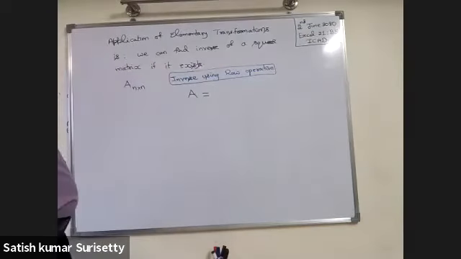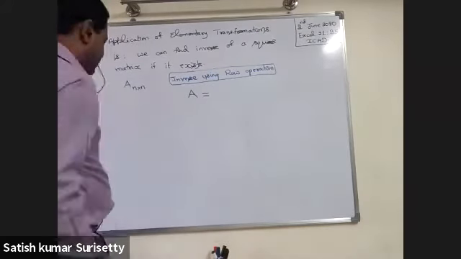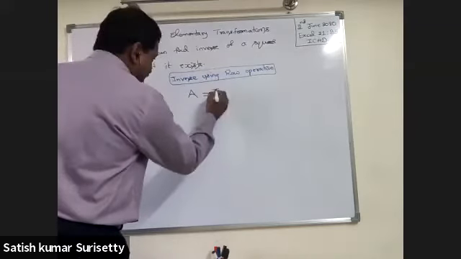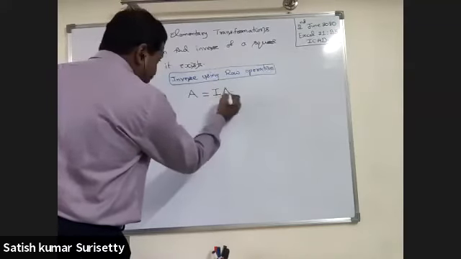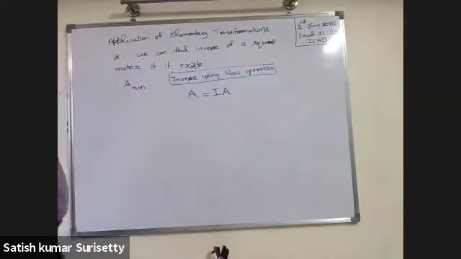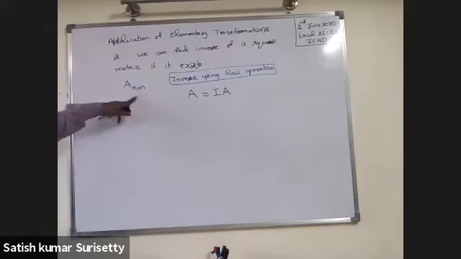Is it the matrix A? Can I write it as I into A? Will it be the same or not? Where I is an identity matrix of the same order.